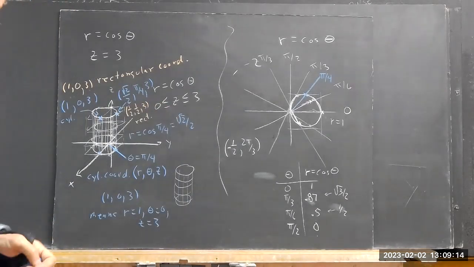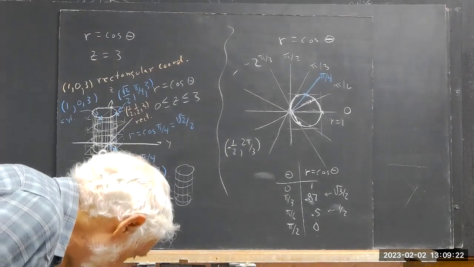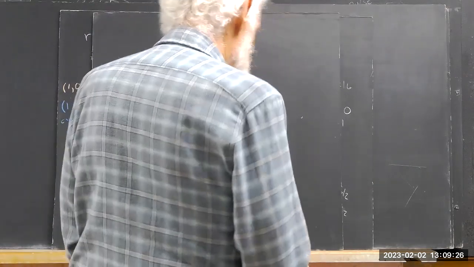All right. So we get the idea of cylindrical coordinates. Okay, so what are the cylindrical coordinates?